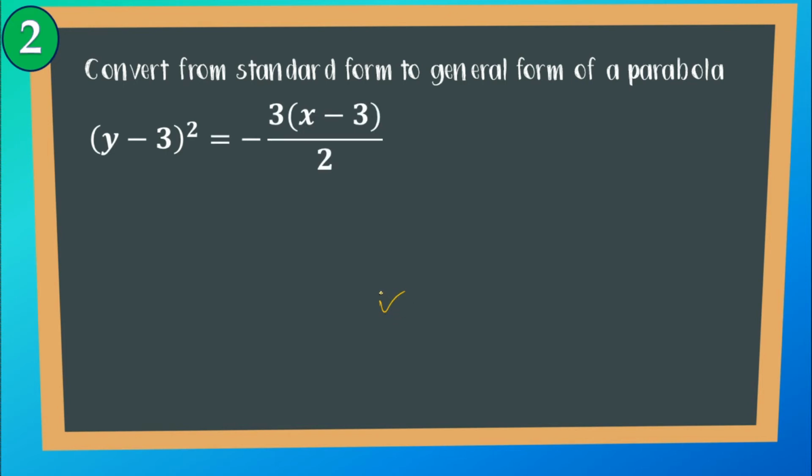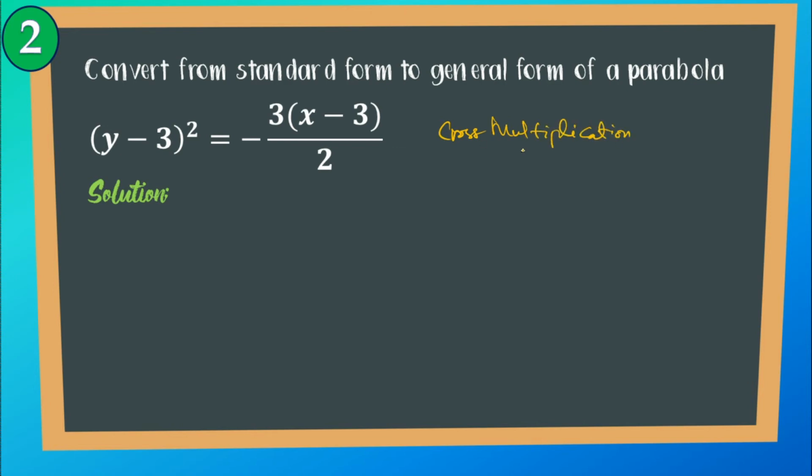(y minus 3) squared equals negative 3 times (x minus 3) over 2. Okay, so, solution. Kasi yung nasa right side is a fraction, gagamit tayo ng cross multiplication process. Alam niyo na to.